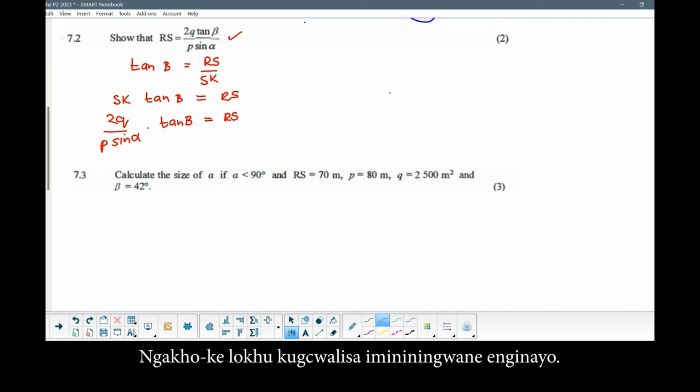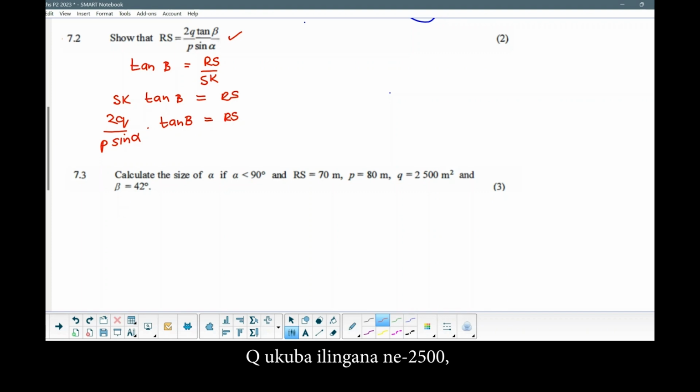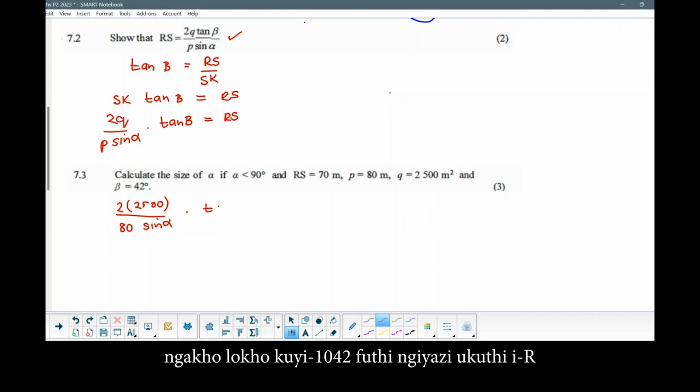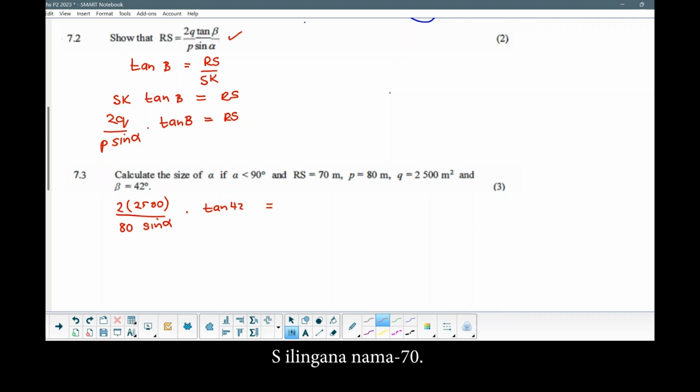I have Q to be equal to 2,500. I have P, which is equal to 80. I don't know alpha, so that stays sine alpha. I know beta is 42, so that's tan of 42. And I know that RS is equal to 70.